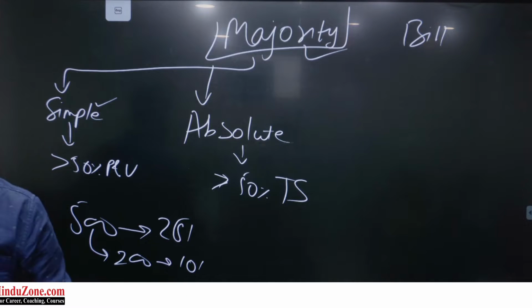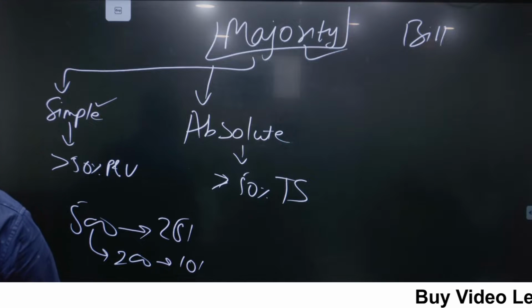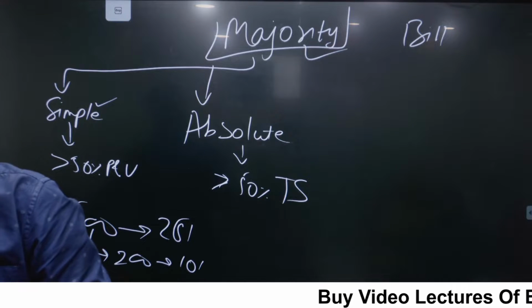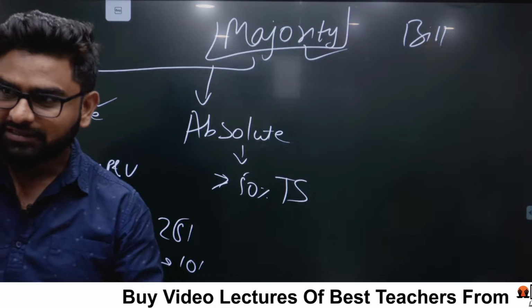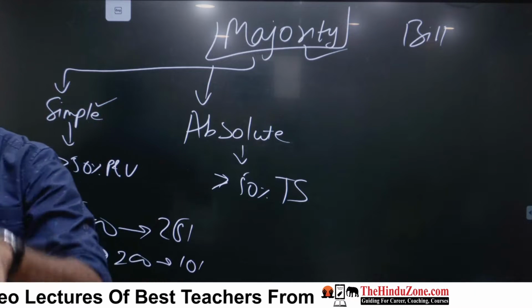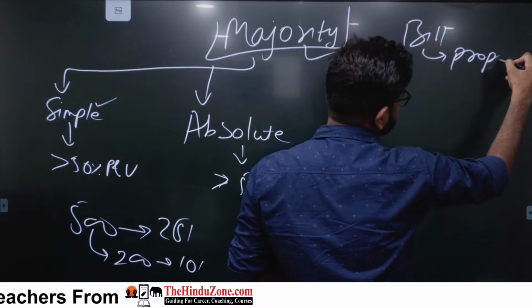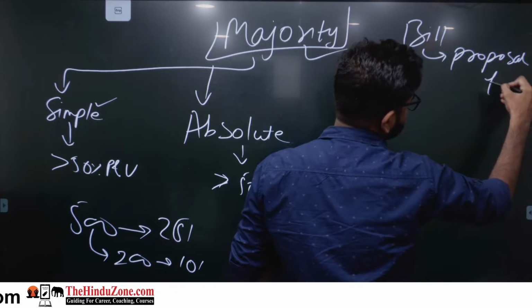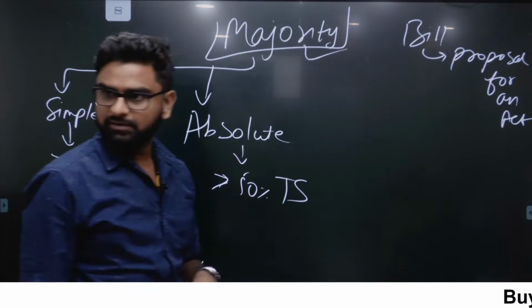You people have taken the classes, no? For that purpose, basically you can say it's a proposal for an act. Once this proposal is accepted, it becomes an act, a law. So basically, a bill is a proposal for an act. Okay?